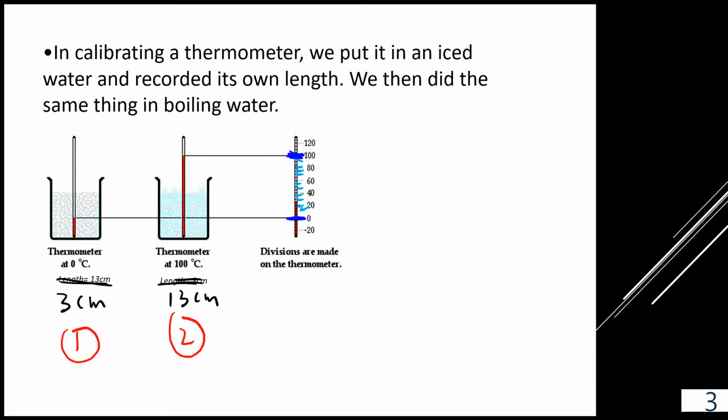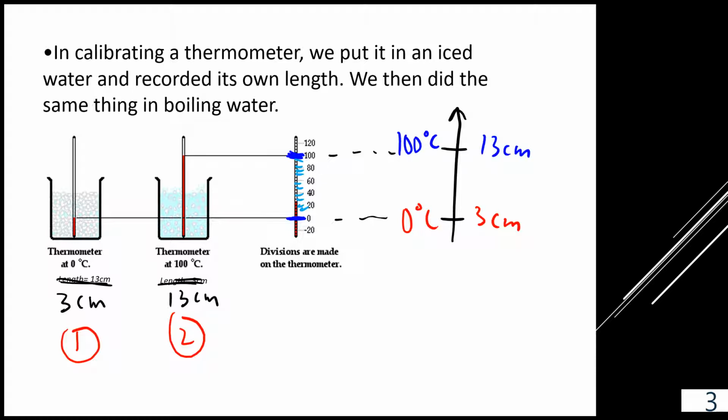Overall, we can simplify it by using this diagram. We use an arrow to show the temperature, and the lower part is 0 degrees. 0 degrees is 3 cm, and then 100 degrees is 13 cm.